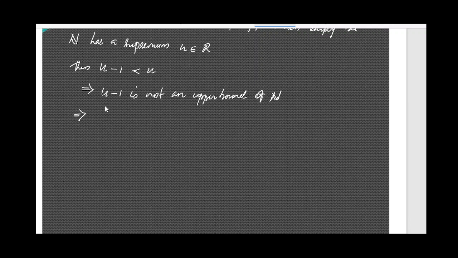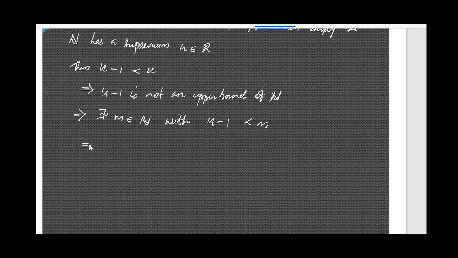There exists a natural number which is greater than U minus 1, that is, there exists some natural number M such that U minus 1 is less than M.